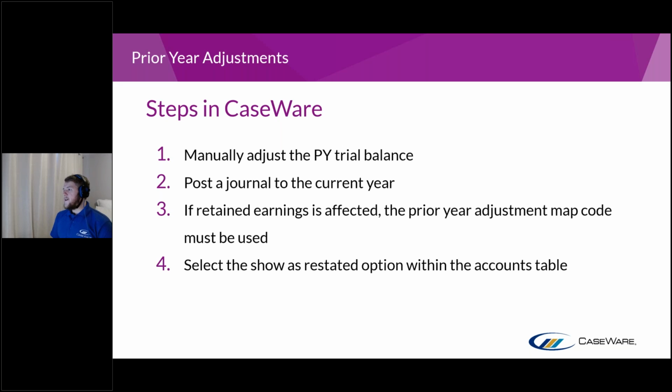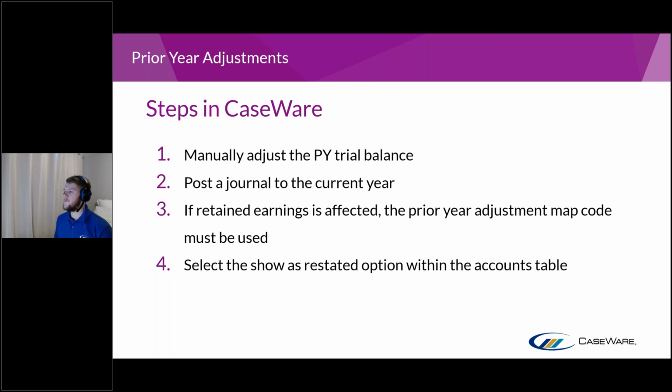Now, the way that we do prior year adjustments in CaseWare, and obviously there are a few different routes to this, but this is the most efficient way and the way that we recommend using. There are 4 steps to go through making that prior year adjustment. Okay. Now, step 1 is to manually adjust the prior year trial balance.